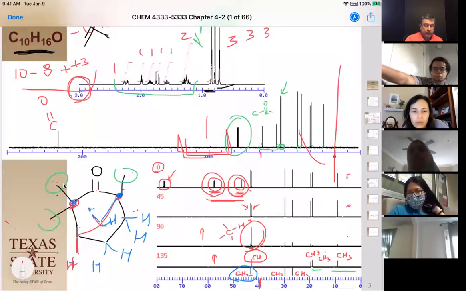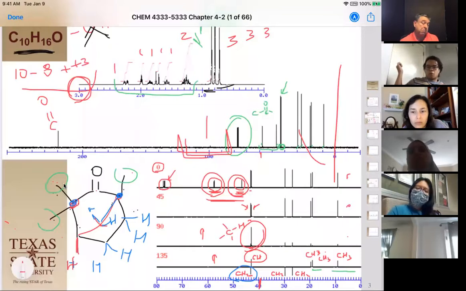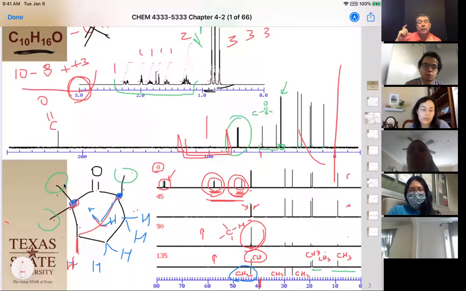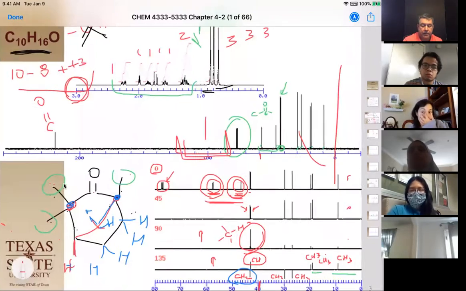And then we have 1 CH. So this is consistent with what we have. Now, if we had a mass spec, it would show us that we have this bicyclo compound, because it was a cyclo compound, we'd have a very high parent ion peak.